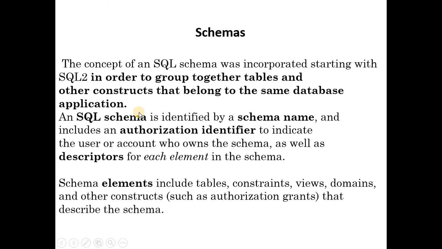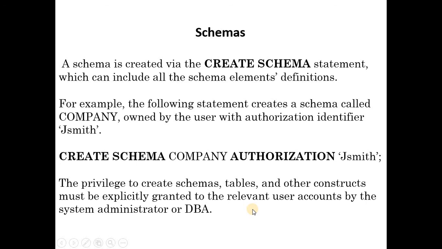And schema contains the tables and other related artifacts that belong to the same database application. Thus, the schema elements include tables, constraints, views, domains, and other constructs such as authorization grants that describe the schema. Let's see how to create a schema.